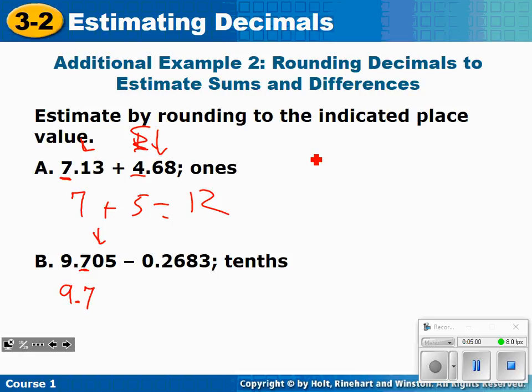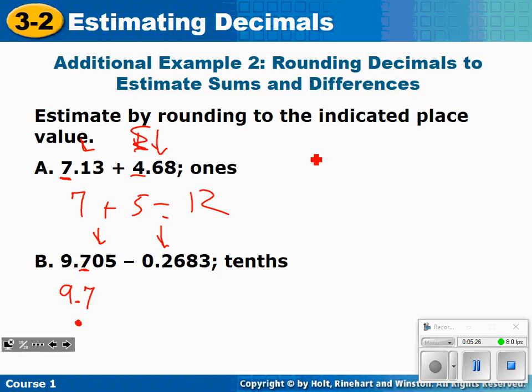Everything else is a 0, and because everything after it is a 0, we don't have to write anything. We can just leave it because it's after the decimal. This 2 is in the tenths place. Does that 2 go up or stay the same? It goes up. It goes to 3.